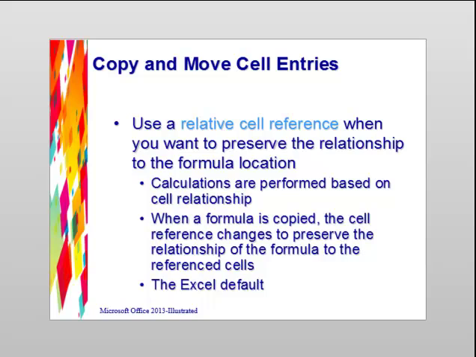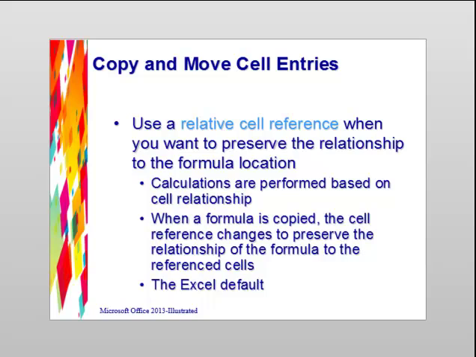Before I go into this any further, we're going to describe the differences between relative cell reference and absolute cell reference. A relative cell reference can refer to either a column-specific letter or a specific row location, such as row 16, row 10, row 12.